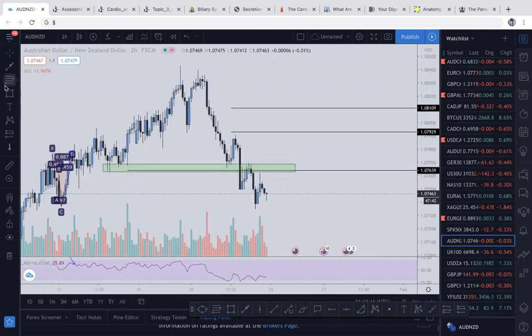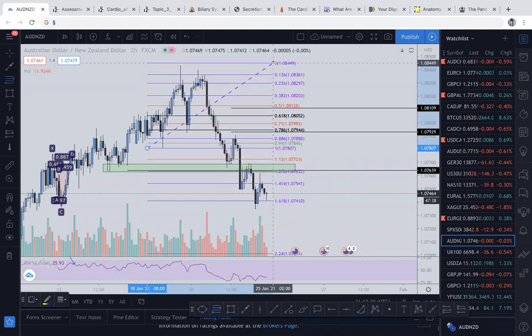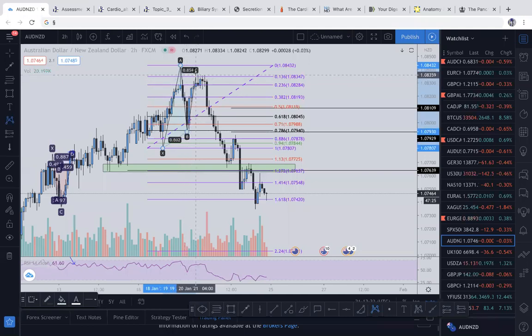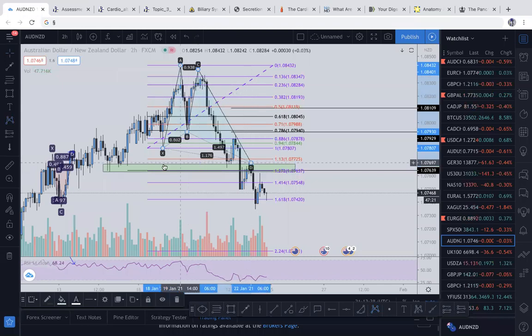This right here is a butterfly, right? The entry will be somewhere around this area.